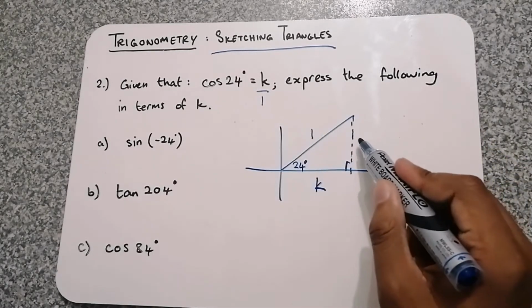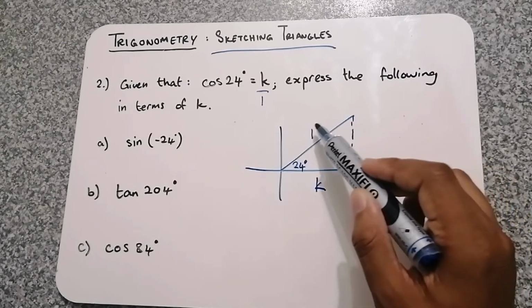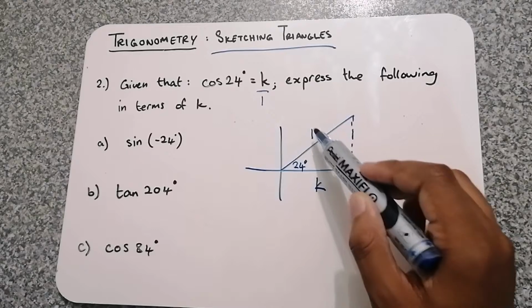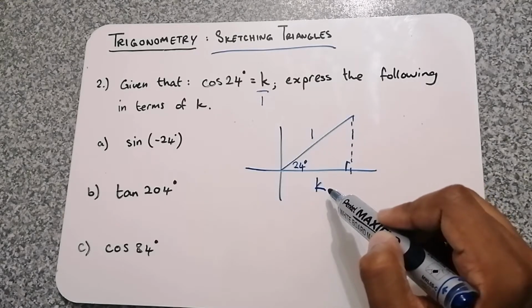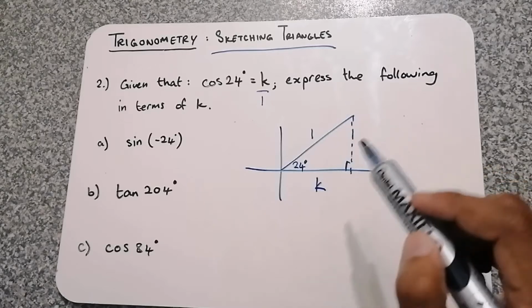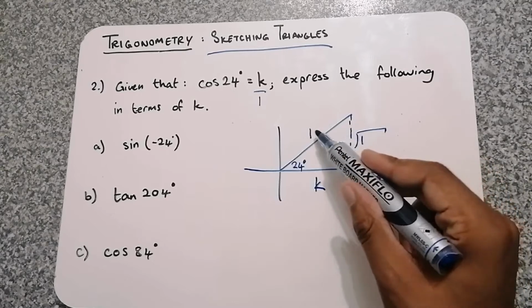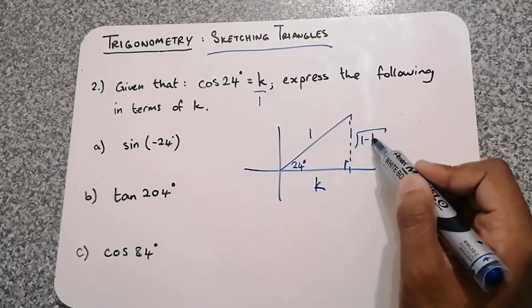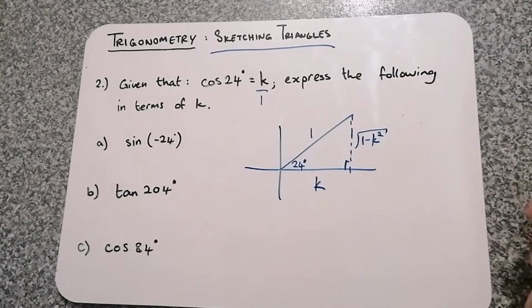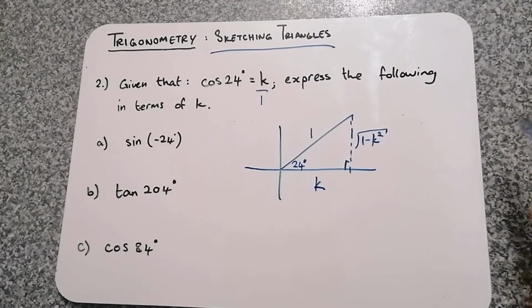Now, when you work out this opposite value, you would simply square the hypotenuse, minus the square of k, the adjacent value, and then you just take the square root of that. So it would be the square root of 1 squared, which is 1, minus k squared. Okay, so that's your opposite value. It can't be simplified further than this.